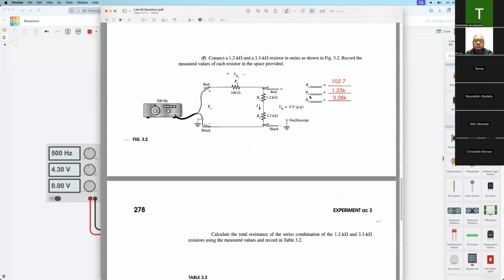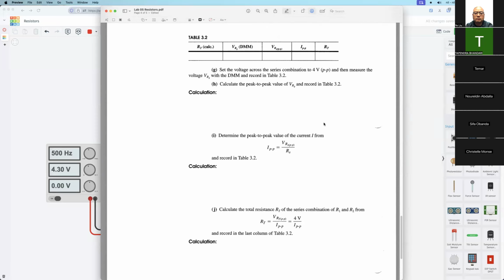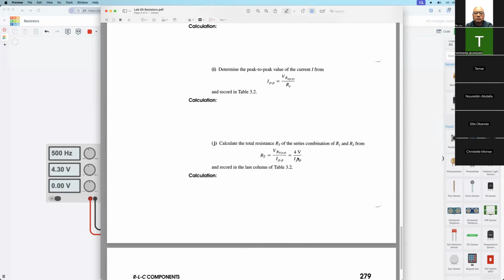The right numbers are the measured values, which are different from the nominal values. For the other RT, we're going to calculate it. The last RT is also from calculation, from Ohm's law, so VRT divided by I.